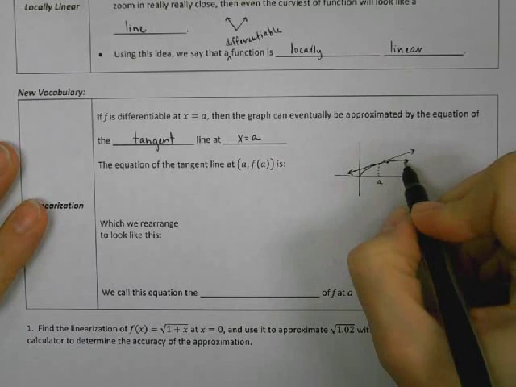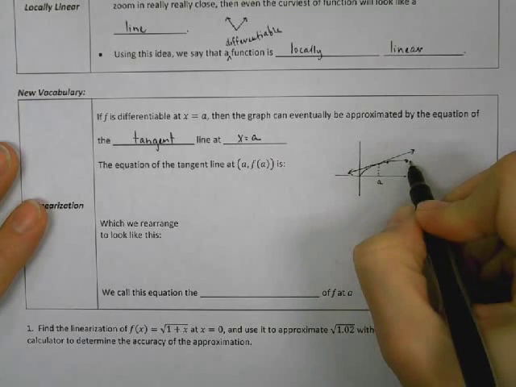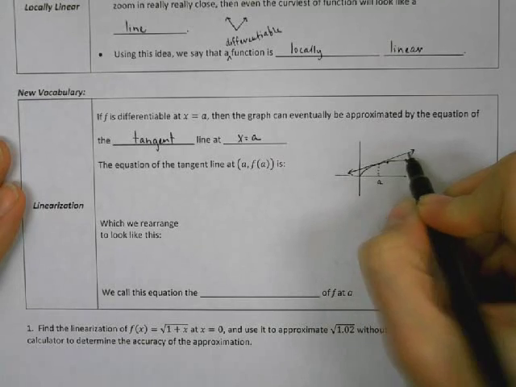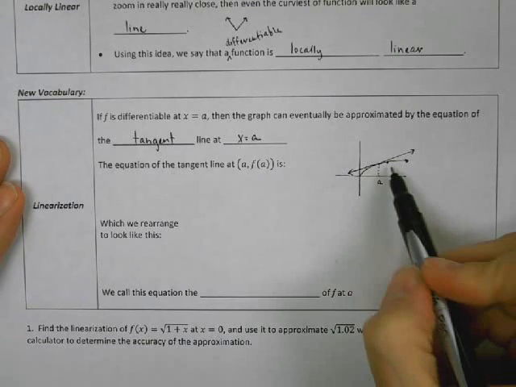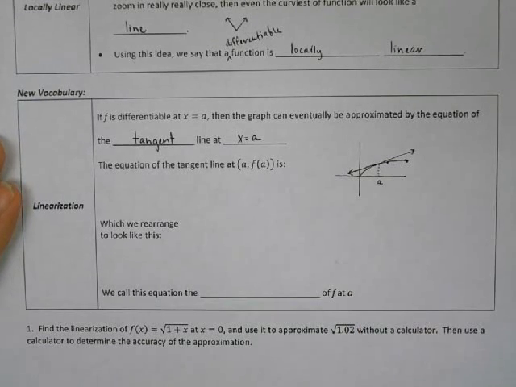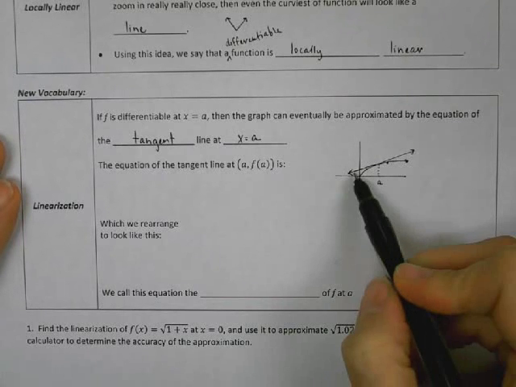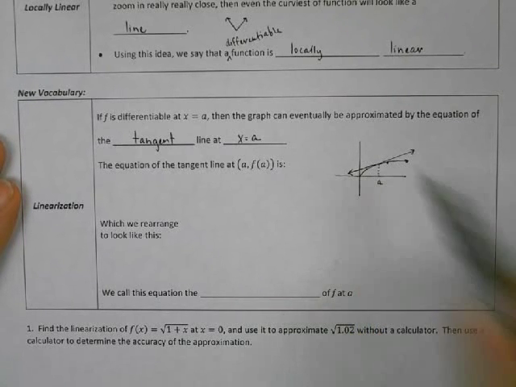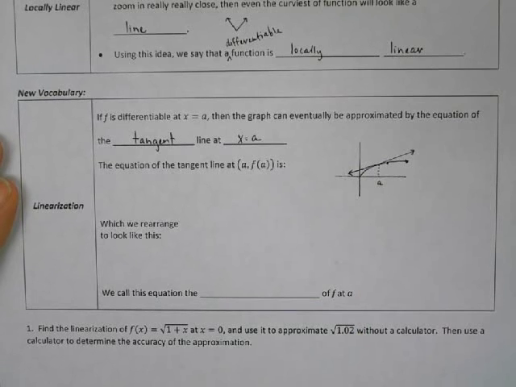Obviously, I wouldn't use it for points far away from a because the further we get, the worse that approximation becomes. But this is going to work for points close to a. So all we're doing is using that tangent line to approximate the value of the function.